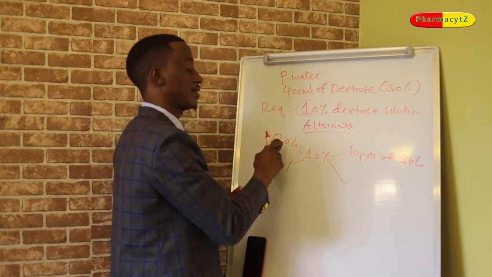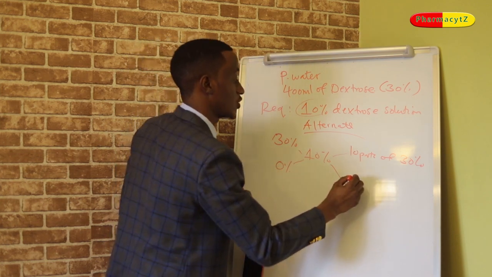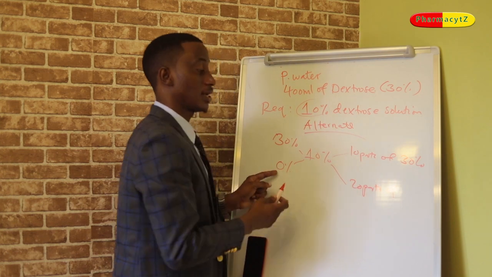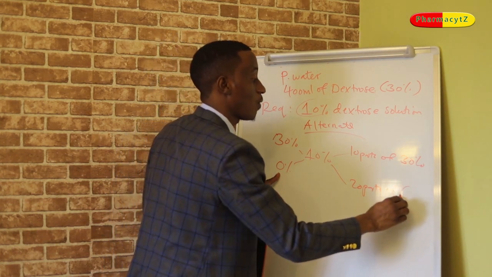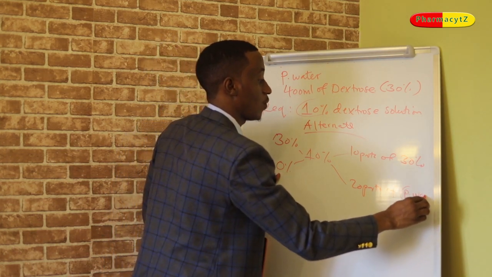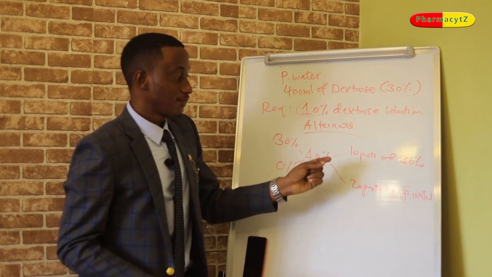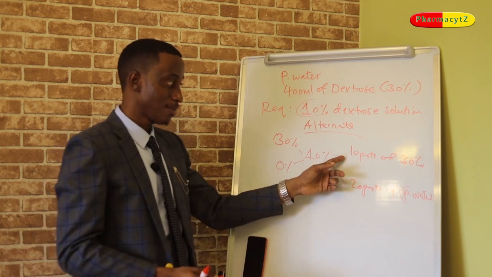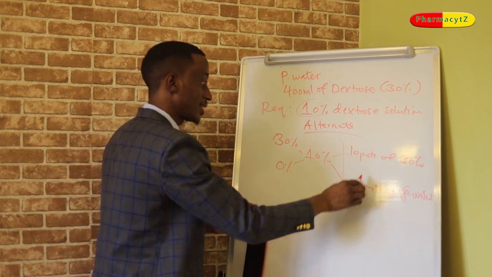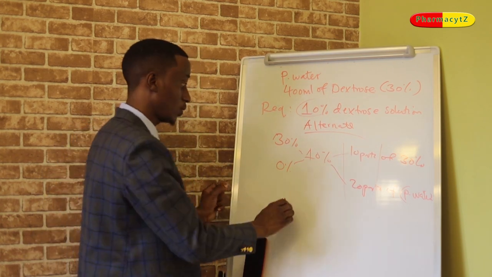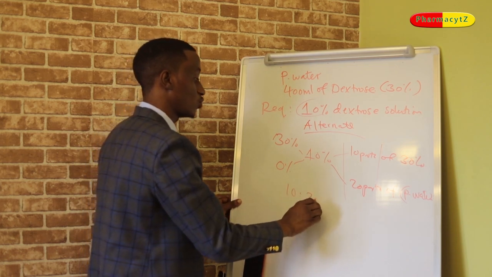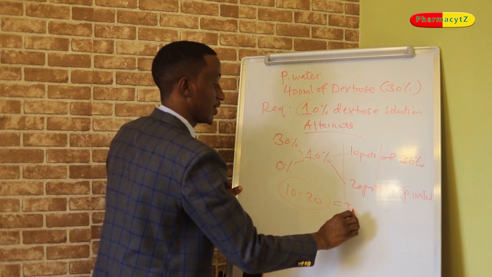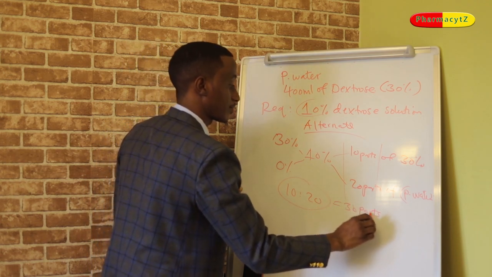Then 30 minus 10, you get 20 parts of 0%. Now what is 0%? This is pure water. After reaching this step, there's nothing to use except the number of parts. So the alligation ratio is 10:20. Summing, the total is 30 parts.